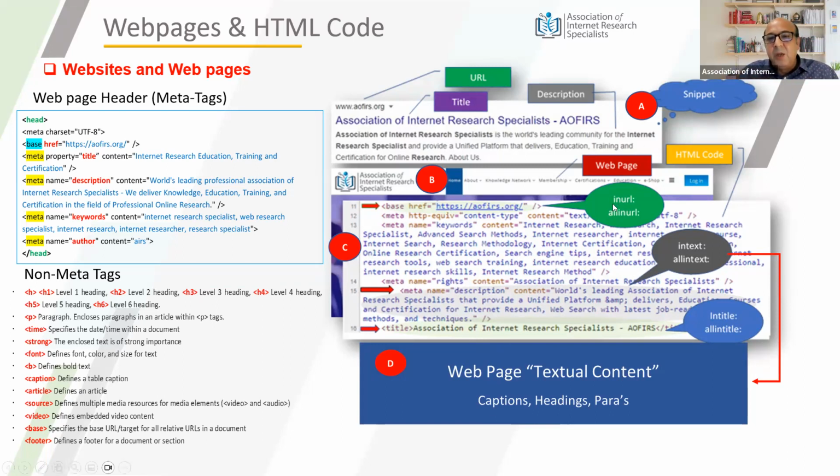For instance, in URL will look for the URL in the header portion, as well as all the URLs that are inside of that page in the body of text, as well as in the footer portion of it.